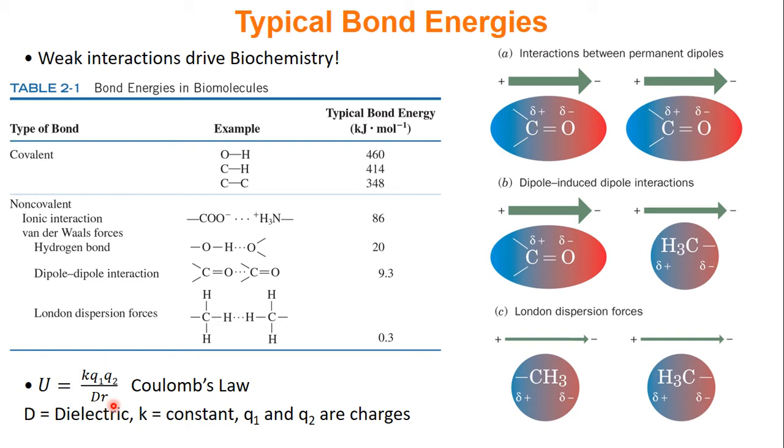And also divided by the distance between the molecules, which we call R. So this is basically saying that two charged molecules of opposite charge have a stronger interaction than things that are just polar. Here, negative energy is good, so you want this term to be negative. And that is Coulomb's law. Again, we'll do some practice with that in class.